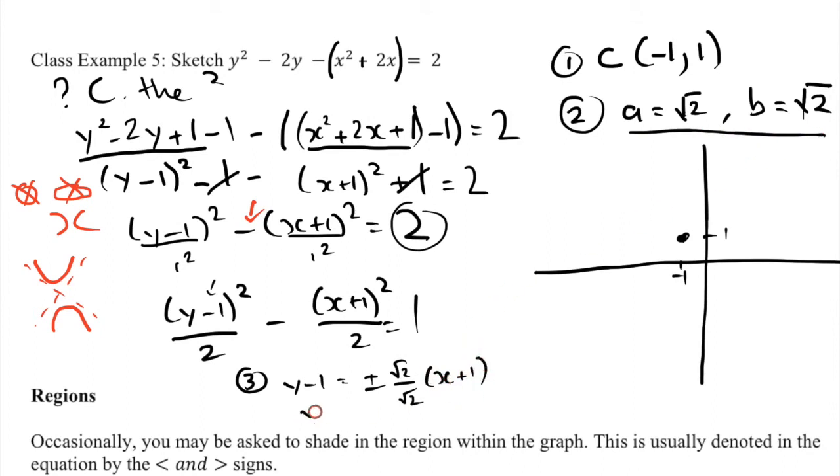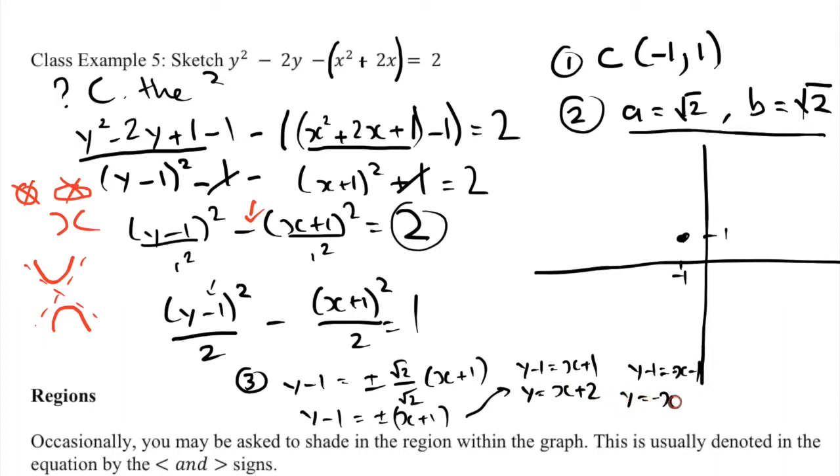So in this case, you should get y minus 1 equals plus minus x plus 1. That should give you y minus 1 equals x plus 1, and y minus 1 equals negative x minus 1. So y equals x plus 2, or y equals negative x, because plus 1, minus 1 cancels each other out.